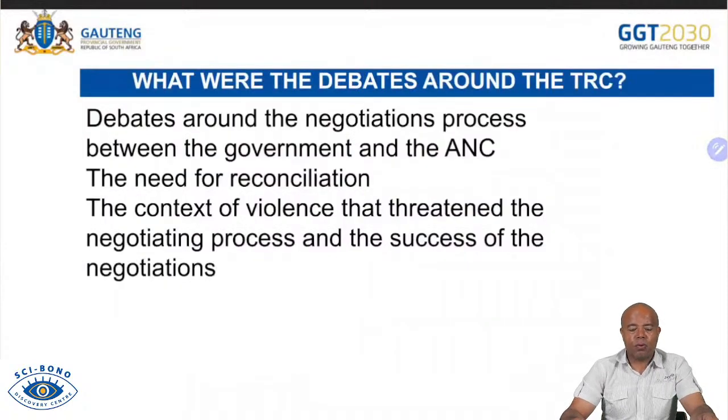Now we need to understand that the TRC had three committees. Firstly, they had to see if a human rights violation was committed. If yes, then you went to the amnesty committee. If amnesty was granted by the amnesty committee, then take note, the victims and perpetrators had to go to the rehabilitation committee.